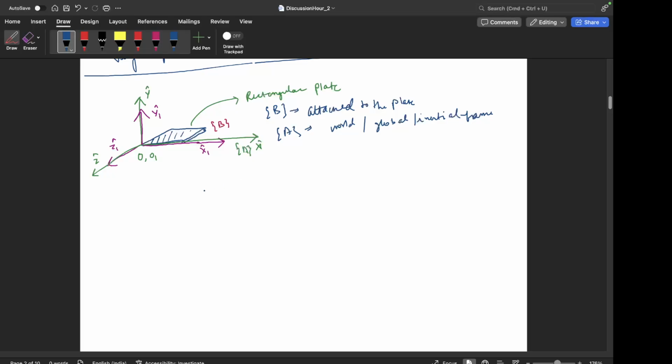So now I will write down the sequence of rotations.